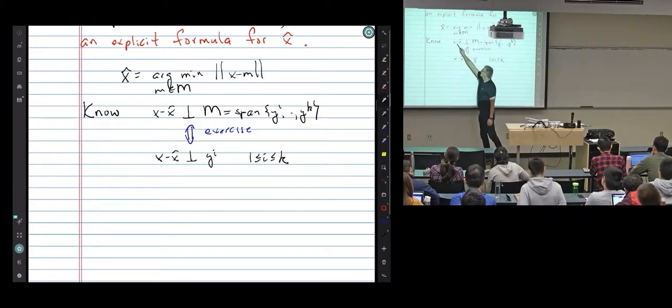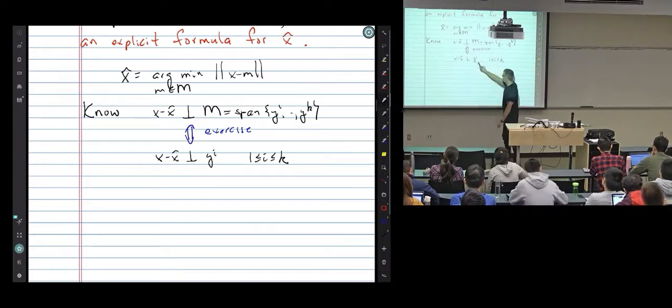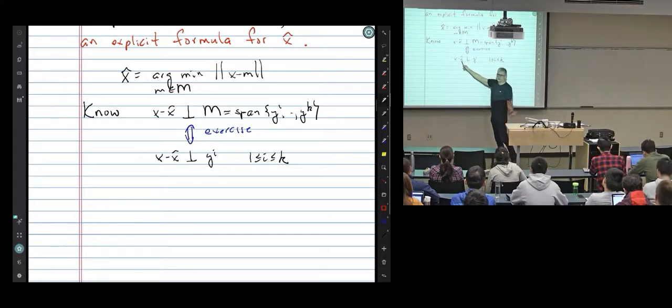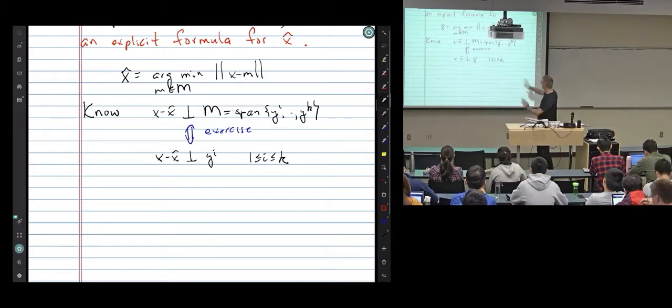Okay, but if x minus x hat is orthogonal to M, this is certainly true. Those are elements of M, but everything in M is a linear combination of these. So when I do a linear combination of things with zero inner product, I add up 0 and I get 0. So just write it down, and then that will be immediate.